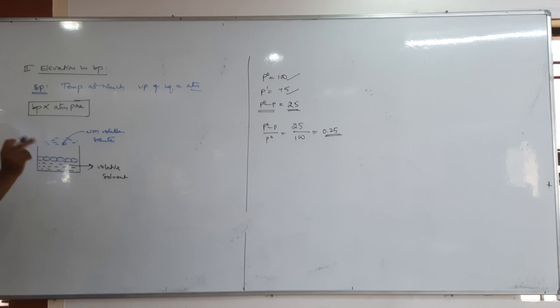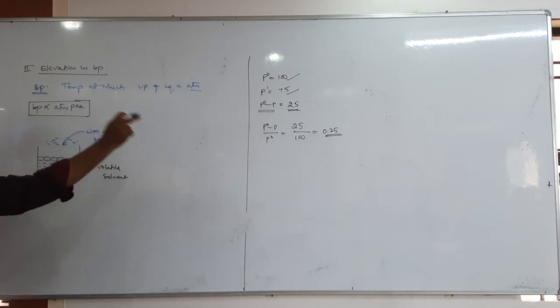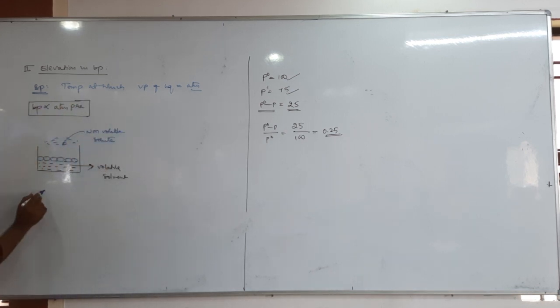Next, when the vapor pressure decreases, boiling point increases. This is because it requires more temperature, more heating, so that its vapor pressure can be made equal to atmospheric pressure. That means vapor pressure is inversely proportional to boiling point.